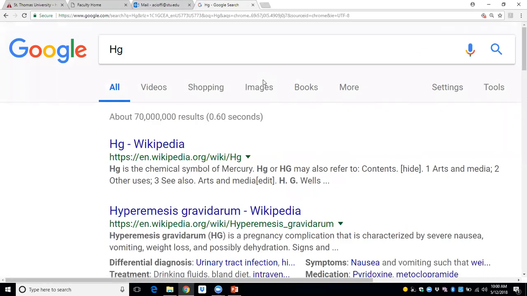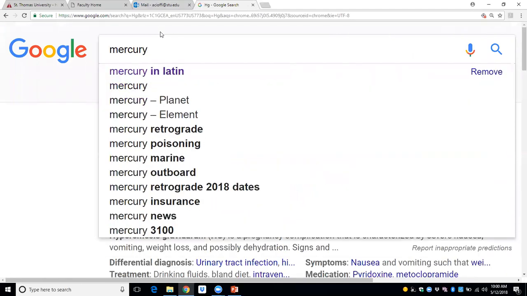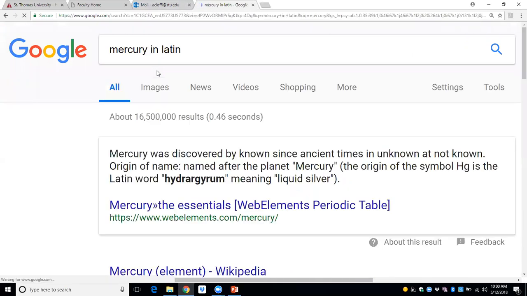It's a silvery color, right? And it's a liquid. It's the only metal that is liquid in its natural state. Other metals typically are solid. So originally it was thought to be liquid silver. Argentum is the Latin name for silver, and that's why it's indicated with Ag on the periodic table, number 47.